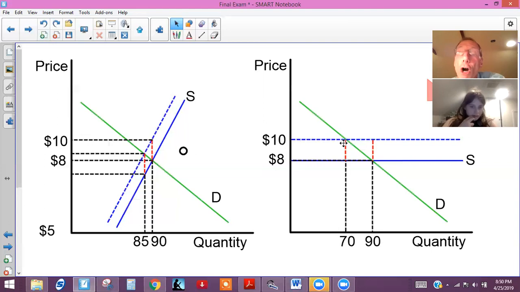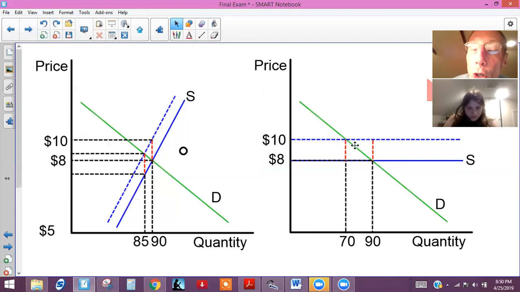So even though the cost goes up to 10 and the consumer pays the whole thing, because the price went from 8 to 10, the average revenue that the supplier or the producer gets is still 8, because they have to give this $2 to the government.